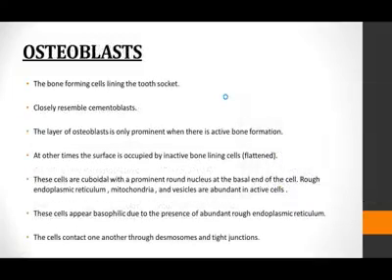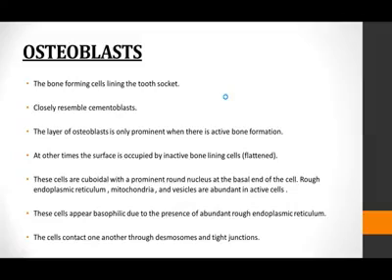So the osteoblasts basically, as I've said, are the bone forming cells, and they're lining the tooth socket. They very closely resemble cementoblasts. The osteoblast layer, however, is only prominent when the bone is actively forming. At all other times when the bone is not actively forming, these cells are flattened and they're inactive, lining the bone, and we call them the bone lining cells.